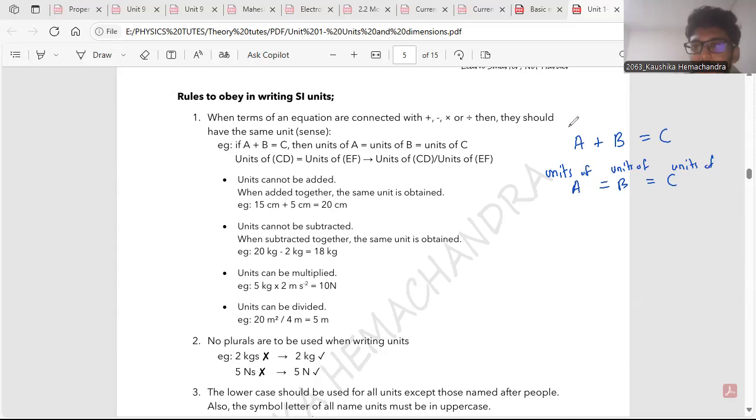So if A is in meters, that means B and C should also be in meters. Right?